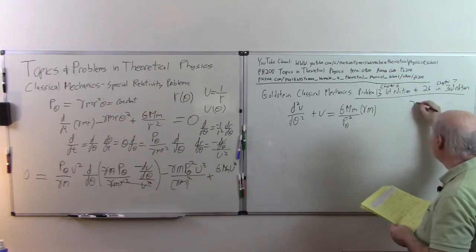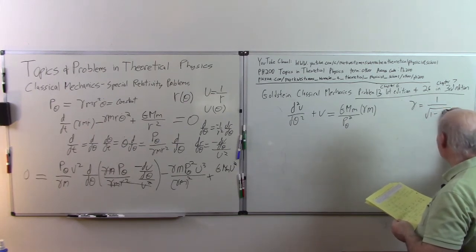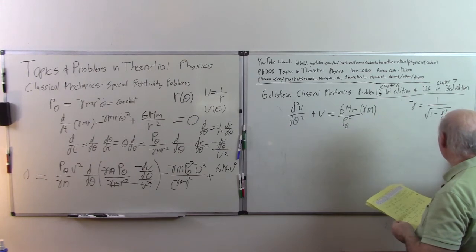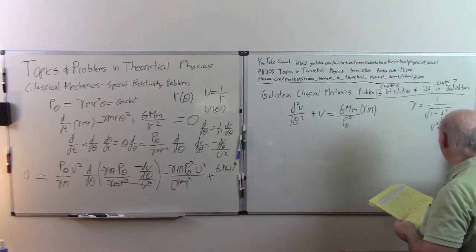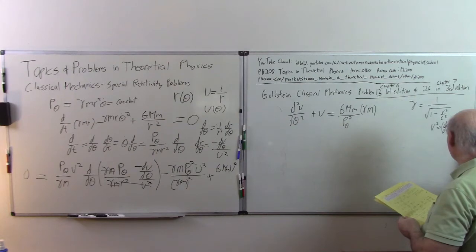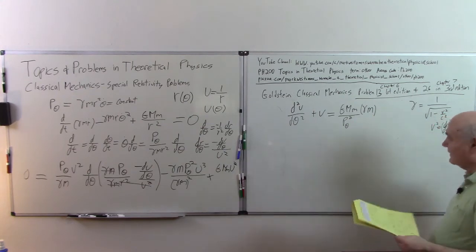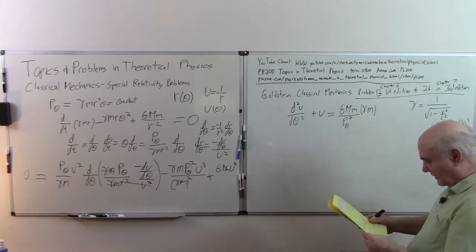Gamma is equal to 1 over the square root of 1 minus v squared over c squared. And remember, v squared is equal to dr dt squared plus r squared d theta dt squared. So it's nice to write it like gamma, but it's definitely not a constant, but we're saved.